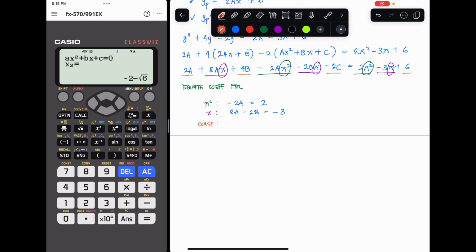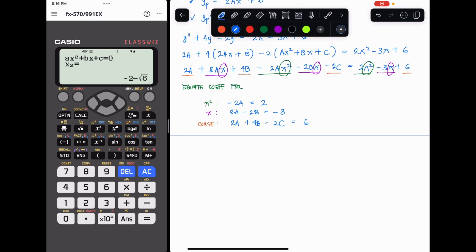So we write that as 2a plus 4b minus 2c equals 6. So these are the three equations this time. We have negative 2a equals 2, 8a minus 2b equals negative 3, and 2a plus 4b minus 2c equals 6.